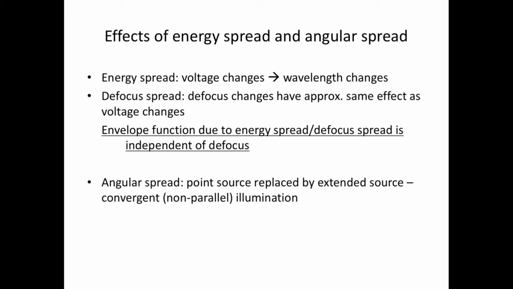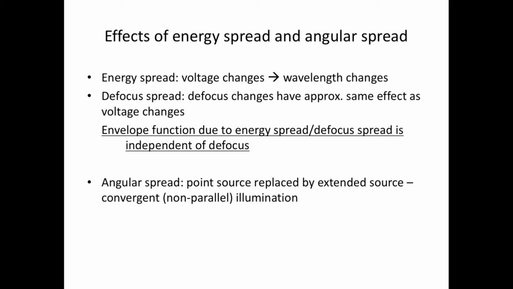And the angular spread: in this case, the point source in the cathode is replaced by an extended source. Then we get non-parallel illumination, we get convergent illumination. Which means that you can imagine that for each ray, we get a coherent situation, and in the end, we have to incoherently superpose all the different images that we obtained.